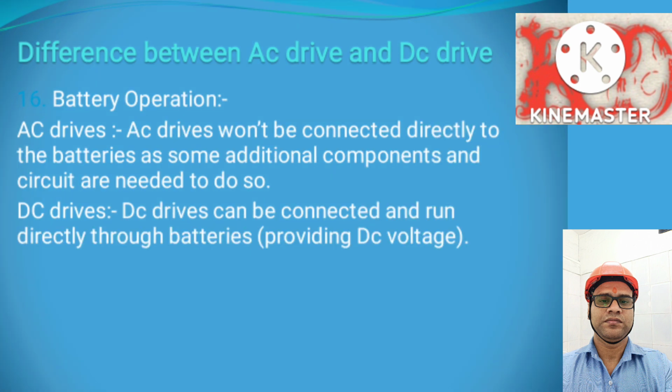Seventeenth, battery operation. AC drives cannot be connected directly to batteries, as some additional components and circuits are needed to do so, whereas DC drives can be connected and run directly, since the battery provides DC voltage.